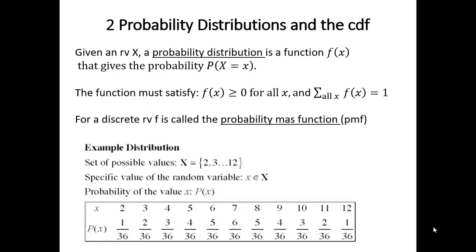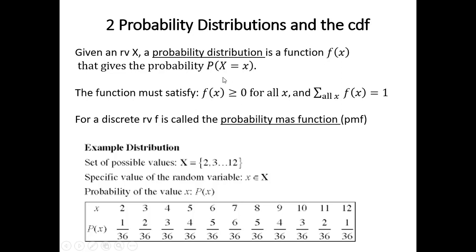Now, in the next section, we talk about probability distributions and the CDF. So we'll start out with this definition. Given a random variable x, a probability distribution is a function, f of x, that gives the probability that our random variable x is equal to a specific value of x.